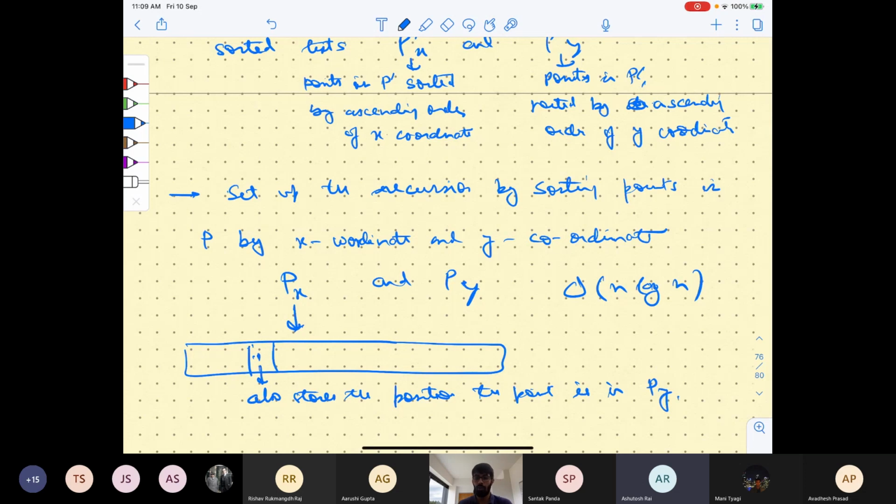So this is an array of points sorted according to x, but we also store the position in Py, so that you can quickly look through the relative ordering in Py of two points, given two points.